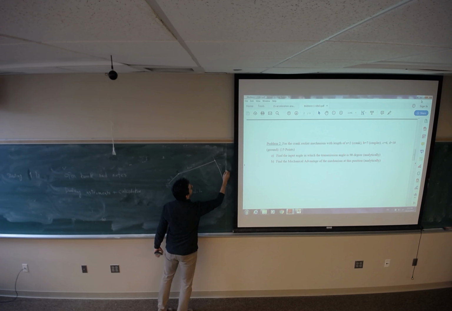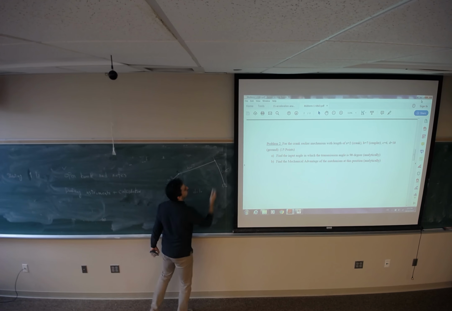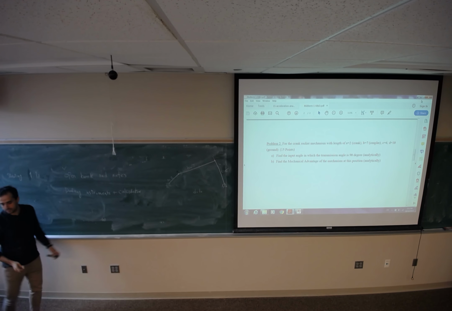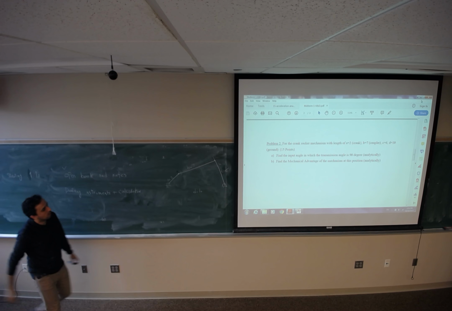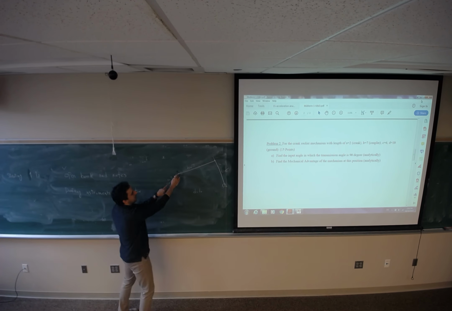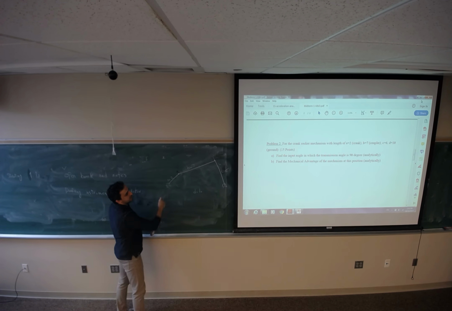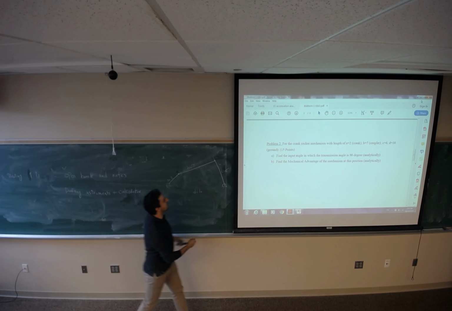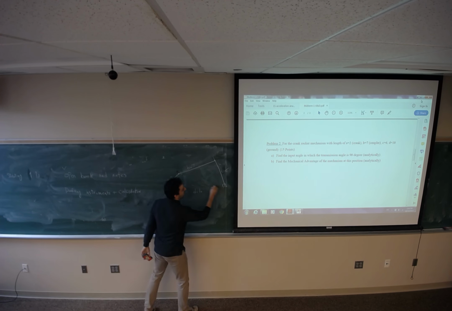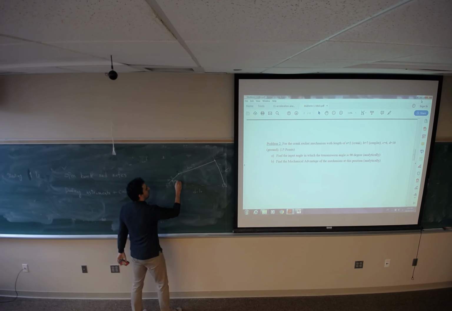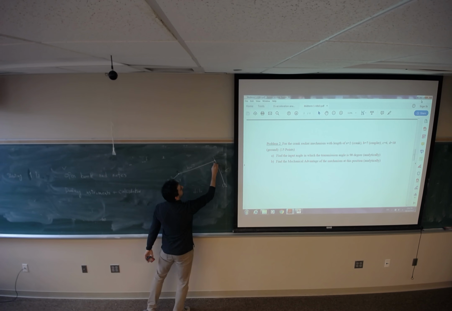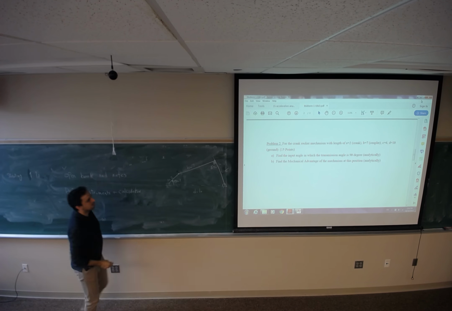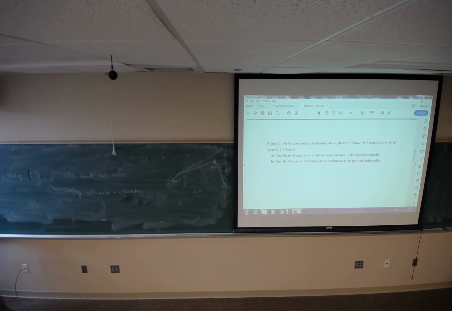So it's a crank rocker. You don't need to check if it's a crank rocker. It says it's a crank rocker, which means this link can complete 360 degrees. The question is to find the input angle at which the transmission angle is 90 degrees. At which theta is this transmission angle 90 degrees? This is the first part of the problem.